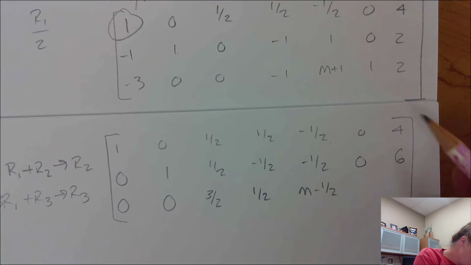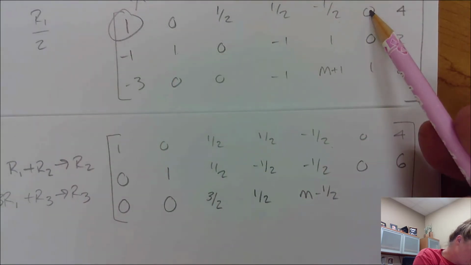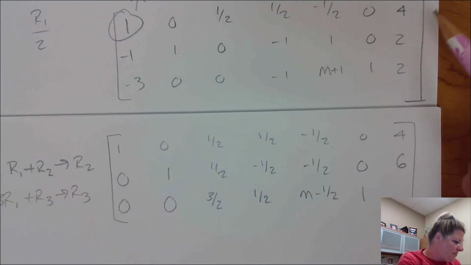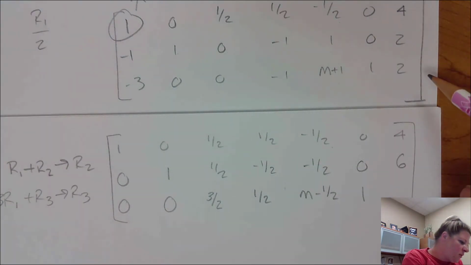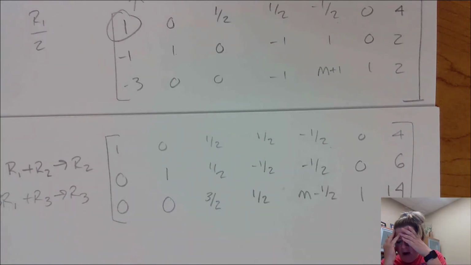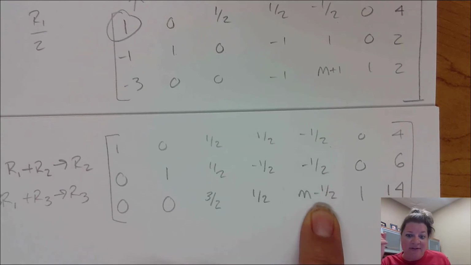Okay, and then 0 to this is just going to stay at 1, and then 4 times 3 is 12 plus 2 is 14. Woo! We are done. M is a huge number, so a huge number minus 1/2 is going to be positive. So we do have one negative down here, but this one will not affect us.